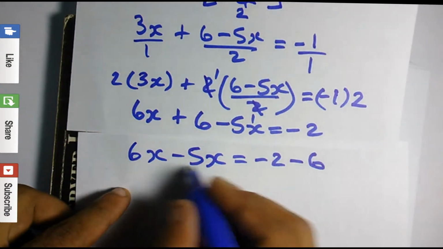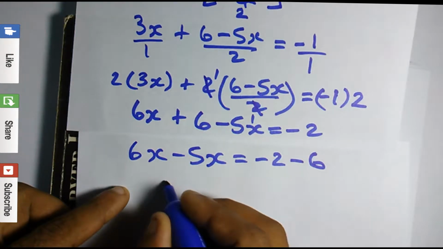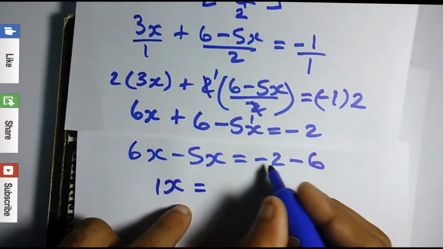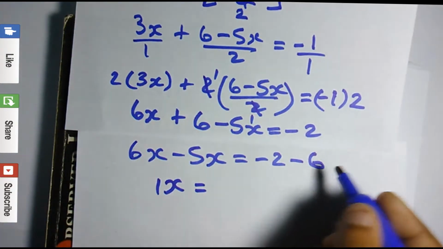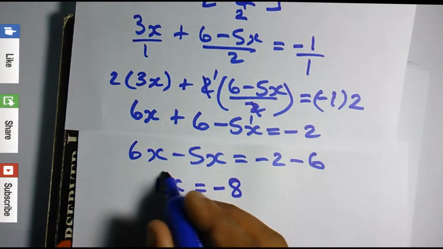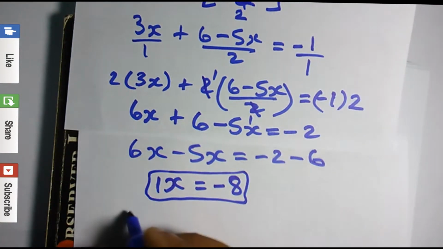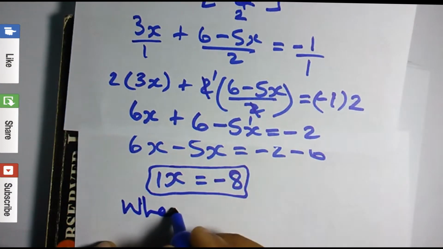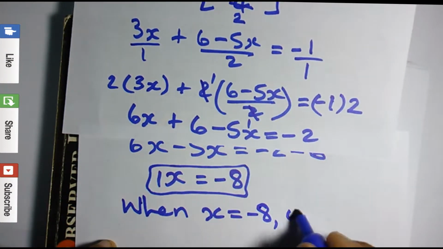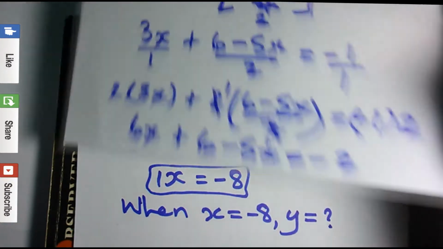Then I'm going to simplify. 6 minus 5 would be x, or 1x, equal to -2 minus 6, which is negative 8. So x would be equal to negative 8. So when x is equal to negative 8, y is equal to question mark. We don't know as yet. That's what I'm going to solve for next.